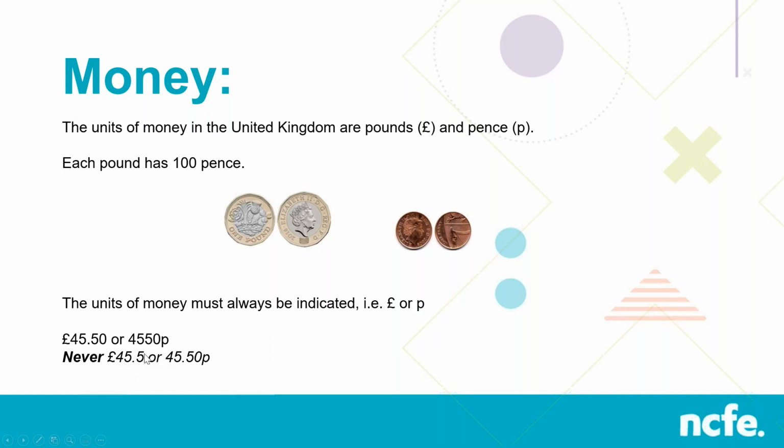You always write it to 2 decimal places. And if you were to write 45.50p, well, that isn't even a whole pound. So converting £45.50 into pence would not give you an answer of 45.5 pence.